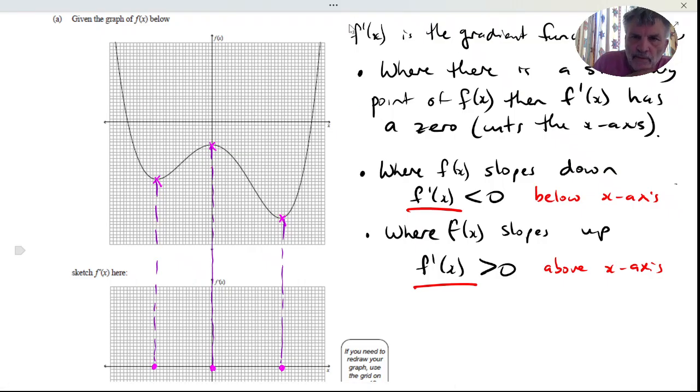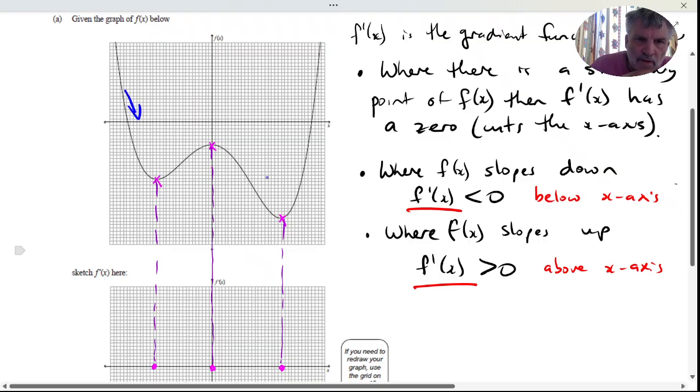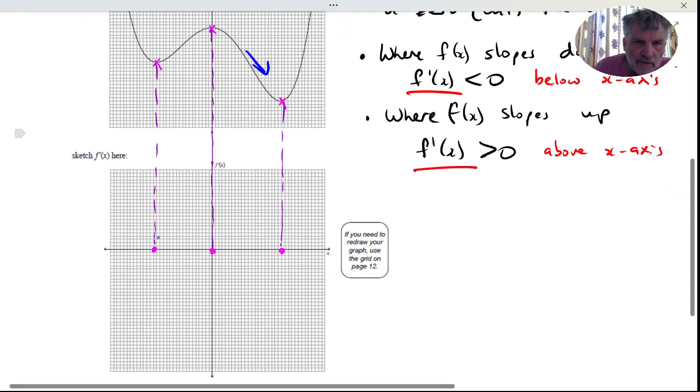So what have we got? We're sloping down here. We're sloping down here. That means we're below the x-axis. So in this region, we can't be above the x-axis. In this region, we can't be above the x-axis. Let's continue these down.